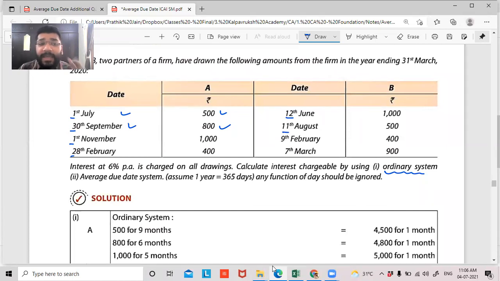No, sir. Not possible. So for B, we have to calculate in number of days, and for A, we have to calculate in number of months. For A also, you can calculate days, but that is a time consuming process. So for A, we'll go for months. For B, we'll go in days.